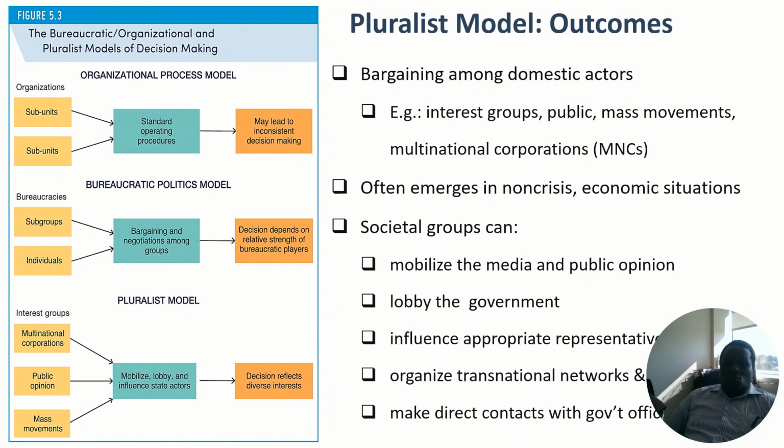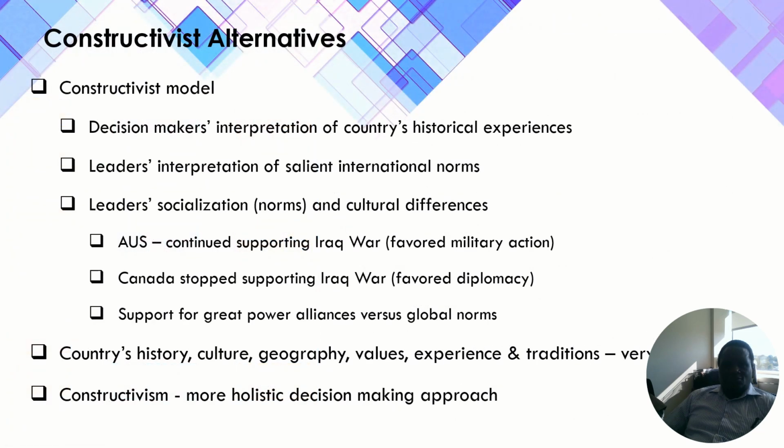And so there's quite a bit of bargaining amongst the domestic actors. Often this is used in non-crisis, mostly economic decisions, and so there's mobilization of different resources and pathways to influence the decisions.